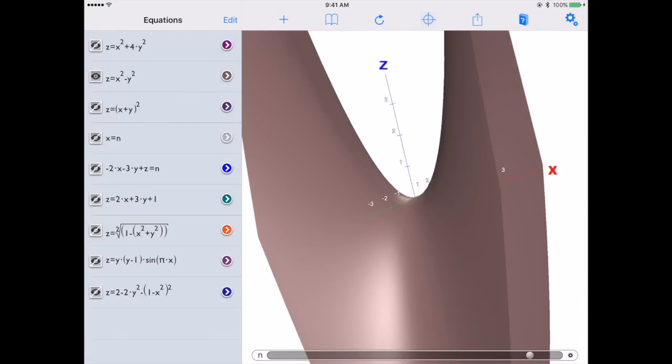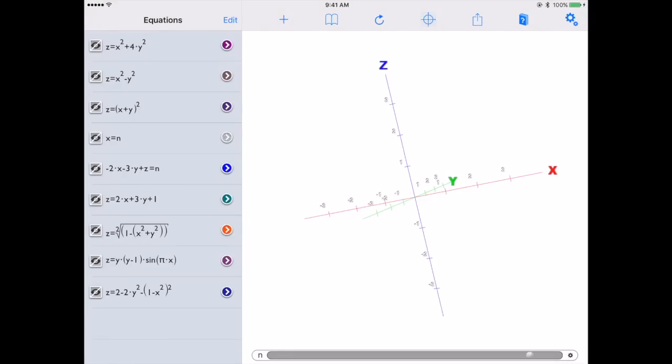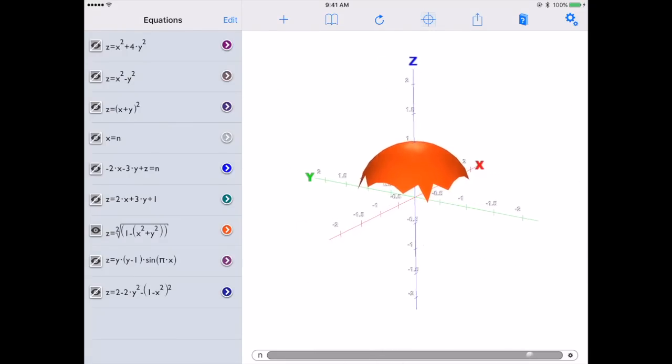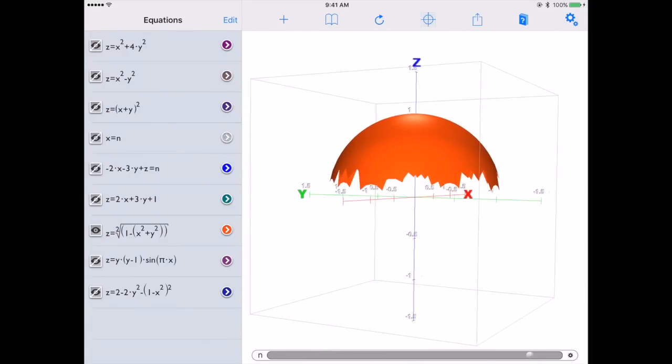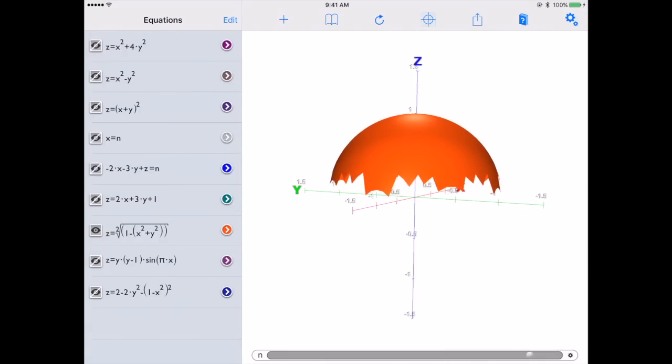Now, the fun thing about multivariable calculus is you can define much more interesting functions. Here's the one that I already tried to graph before, and you can see that it has some numerical problems. The program has some numerical problems around the boundary of the domain.